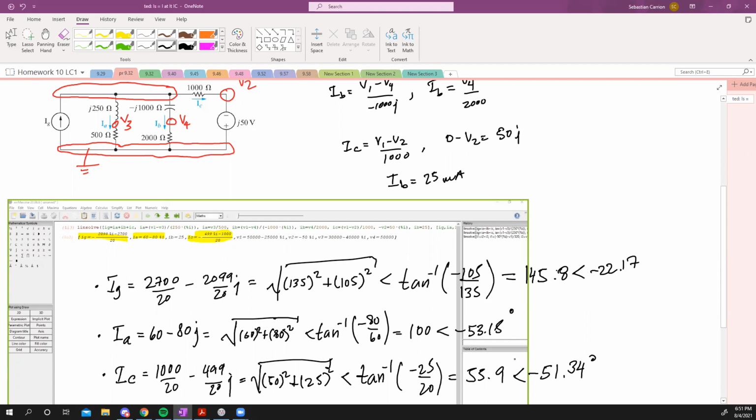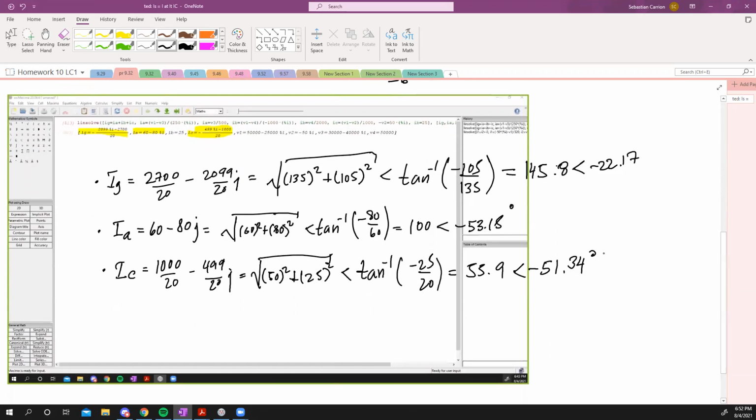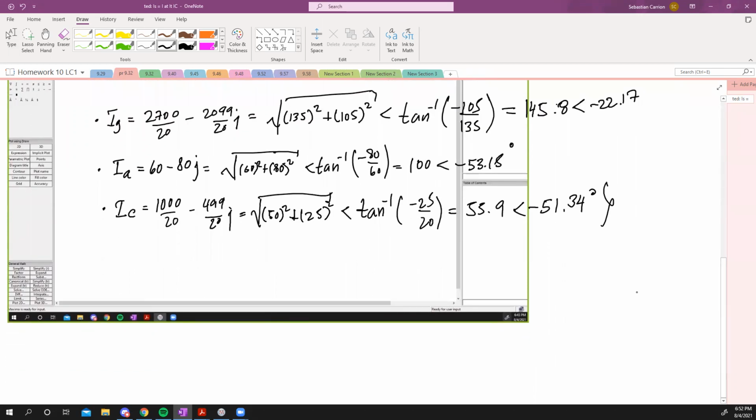Our solution manual tells us it's 26.57. I believe what I'm doing is right. I checked Maxima and don't find any errors here. So this answer for IC might be controversial. I might be doing something wrong.